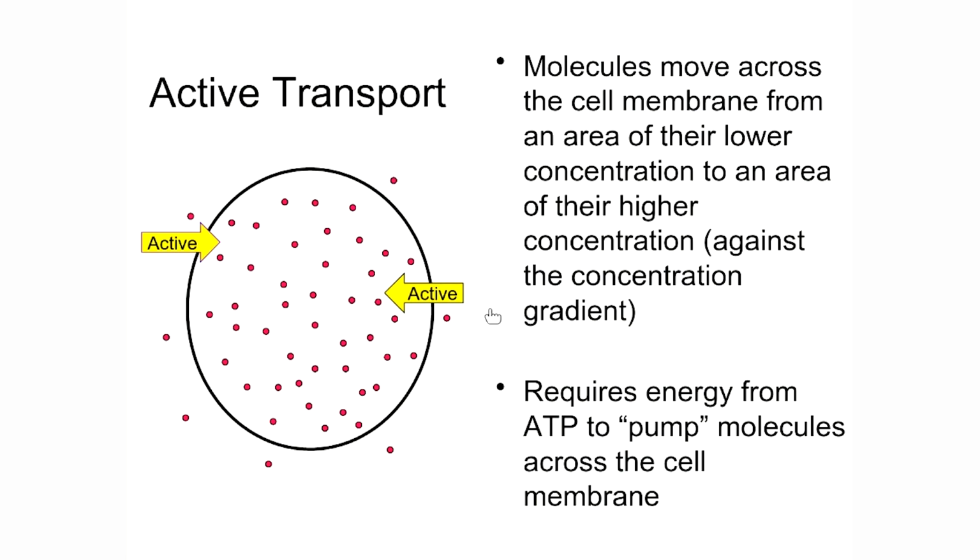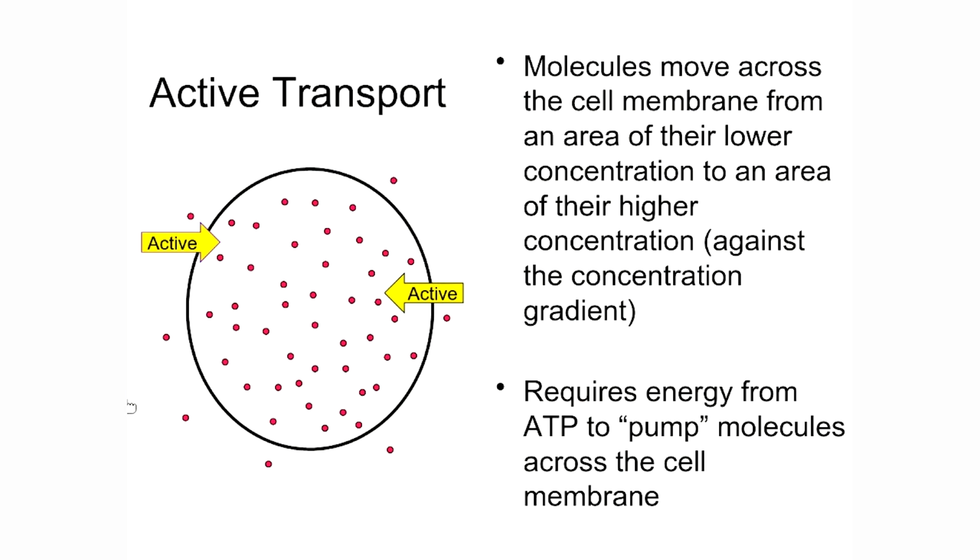Basically, active transport occurs when molecules move across the cell membrane from an area of their lower concentration to an area of their higher concentration. So this is opposite of what would be happening with a passive transport situation. And because it's opposite, we refer to this as the molecules moving against the concentration gradient.